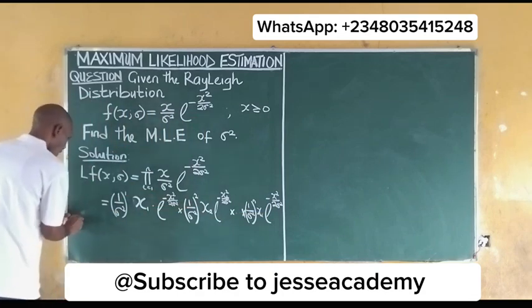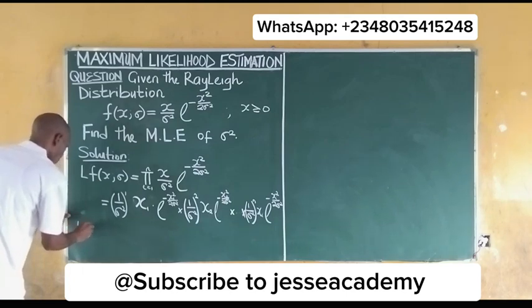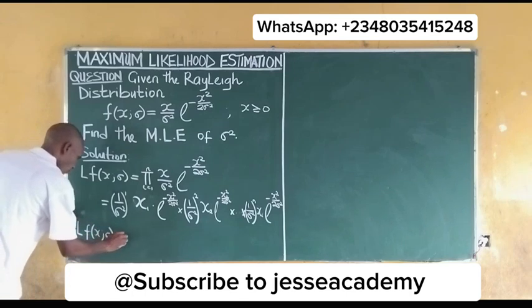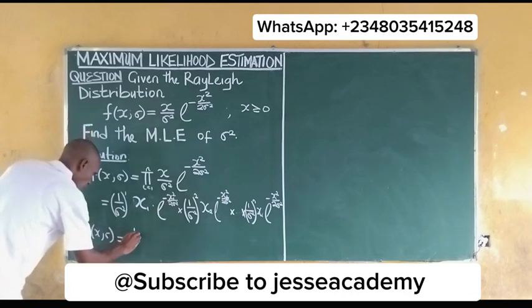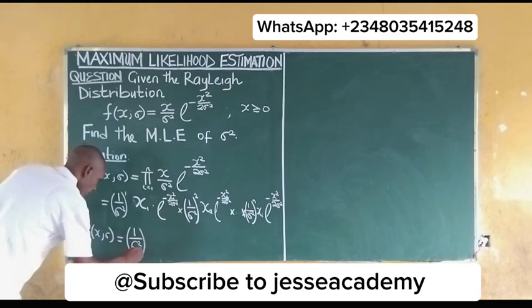It then means that our likelihood function can be written as 1 all over sigma squared raised to the power of n.